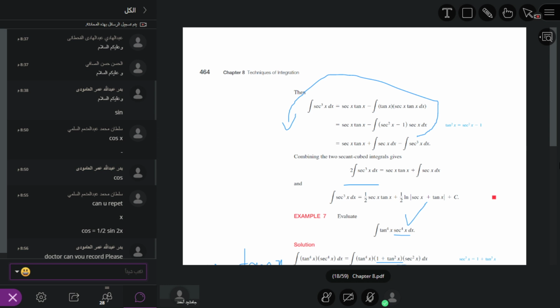We have the following formulas. It means if we have sine mx cosine nx, it is equal to half of sine m plus n x plus sine m minus n x. Similarly, if we have simple sine mx sine nx, how can we solve this? We solve it by the following formula.